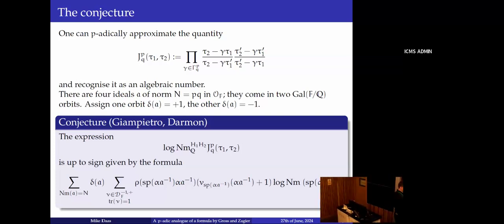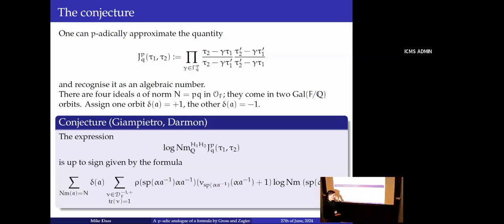This index set here is exactly the same, and we still get a logarithm of the norm of a special prime, and this exponent still splits into 2 parts, this ideal counter and this valuation of the special prime +1. The only difference is that everywhere I had to insert this ideal of norm n. And if I plug in A = 1, I recover beautifully exactly the result by Gross and Zagier.